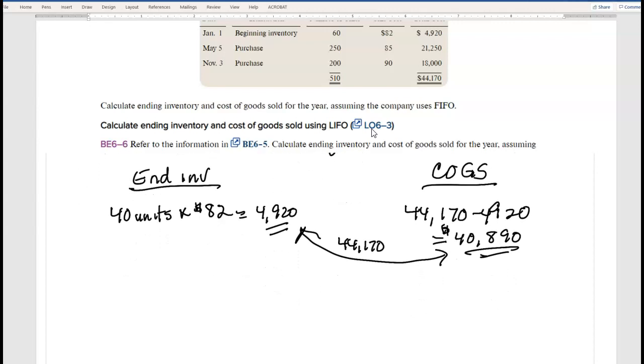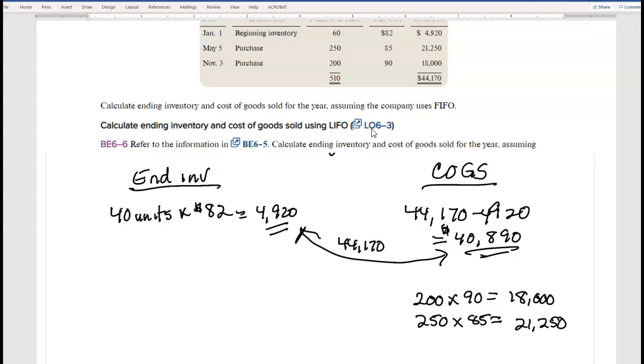And again, I could calculate this. I could say last in, first out, so that means 200 times 90, which is 18,000. 250 times 85 is equal to 21,250.